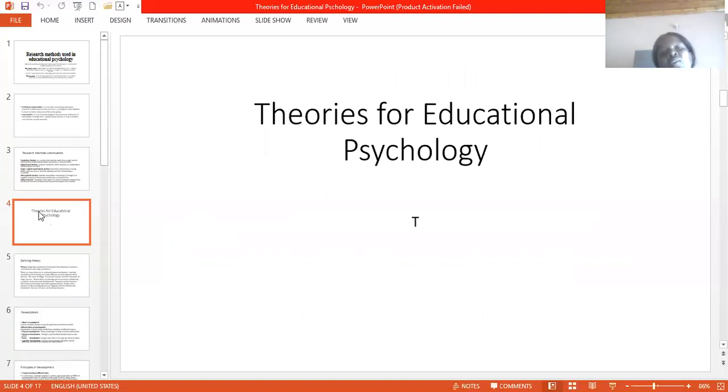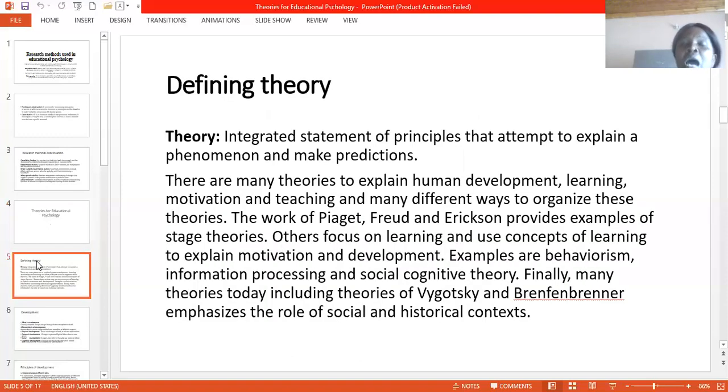So now we're moving on to the theories for educational psychology. Maybe before we go deeper, I would like to define theory. Theory is an integrated statement of principles that attempt to explain a phenomenon and make predictions.